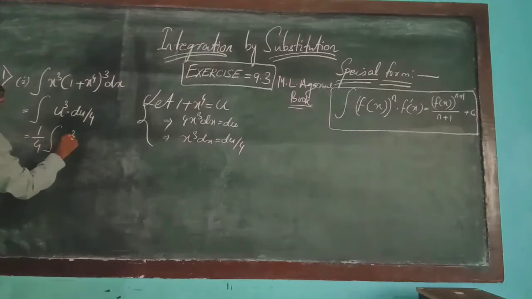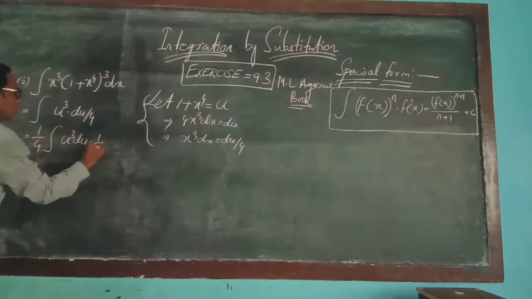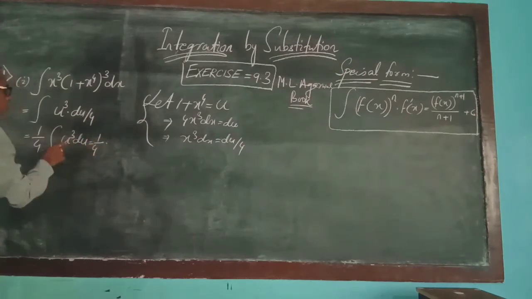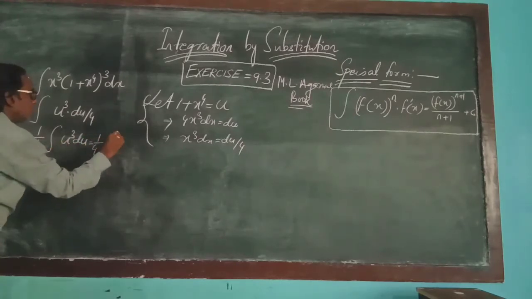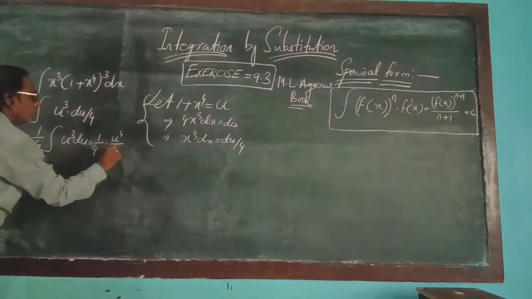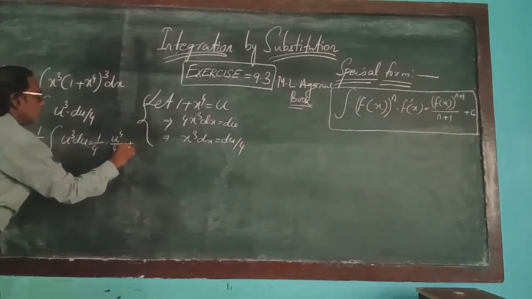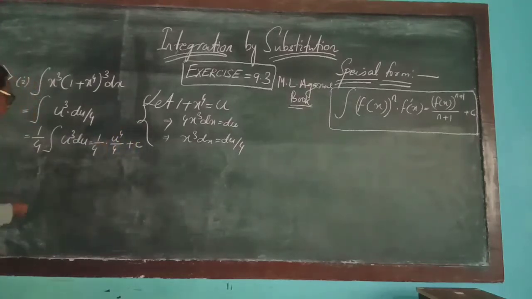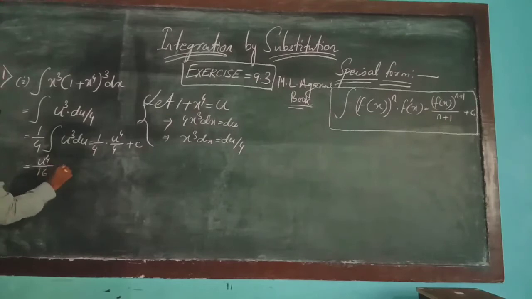Next we write u cube du. So what is the answer? 1 by 4, the power will be u to the power 3 plus 1, that is 4 by 4, plus c. This is the integration process. The final answer is coming u to the power 4 divided by 16 plus c.